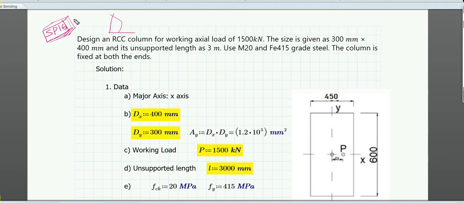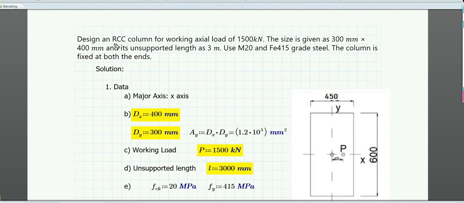Take a printout of it. It is huge, more than 400 pages, so no need to print everything. Print only the column portion that is important for the design, or as per your syllabus. Okay, so let's look at the problem here.